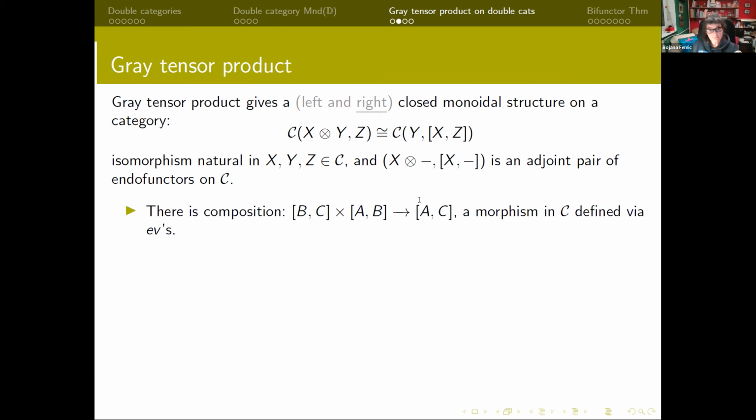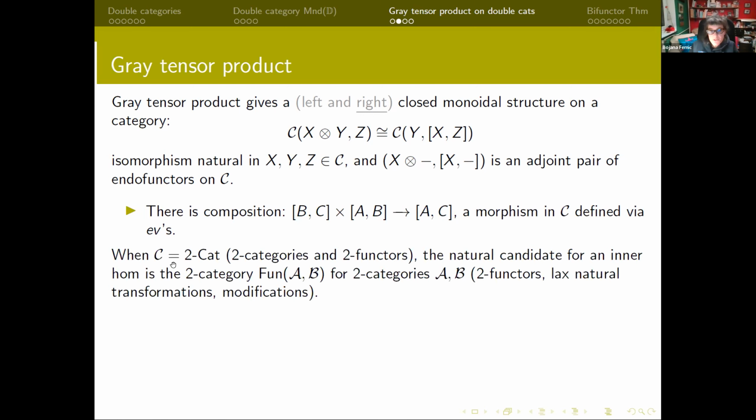Now, in every closed category, one has this composition morphism in C on the hom functors. This is really like in the example of the category of bimodules over algebras. This is really the composition of the hom sets.